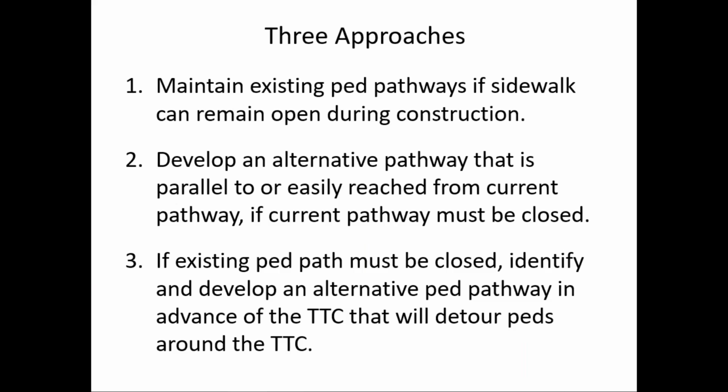If the existing pedestrian path must be closed, identify and develop an alternate pathway in advance of the temporary traffic control that will detour pedestrians around. In some cases, we have to detour them across the street. MUTCD mentions that's not always desirable, but in some cases that may have to be our detour. So we have to develop a plan to get pedestrians across the street and then back to the original side of the street.